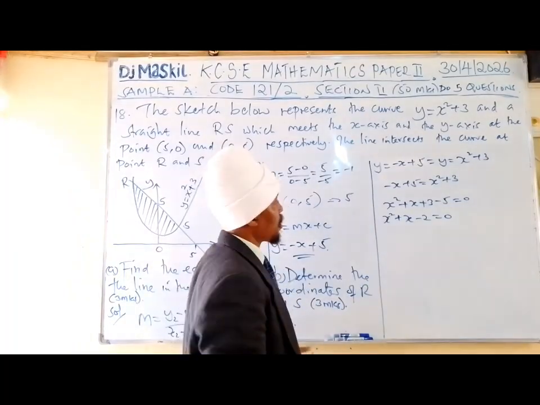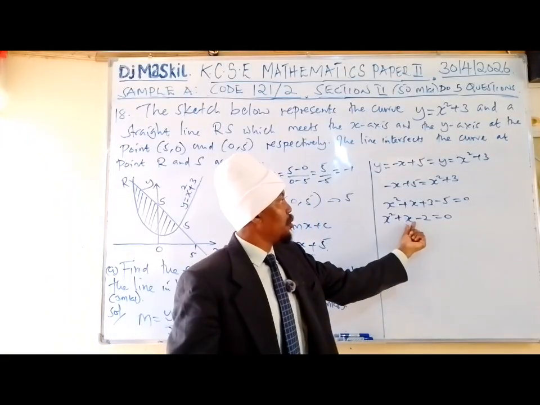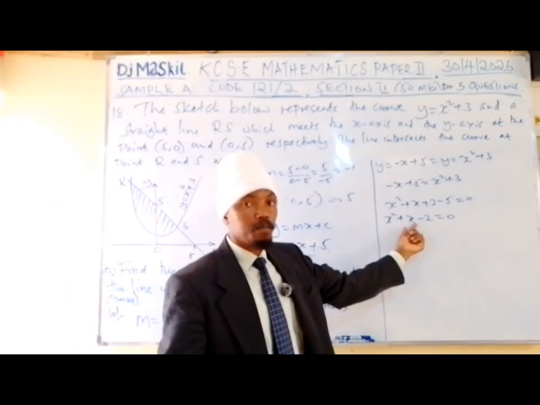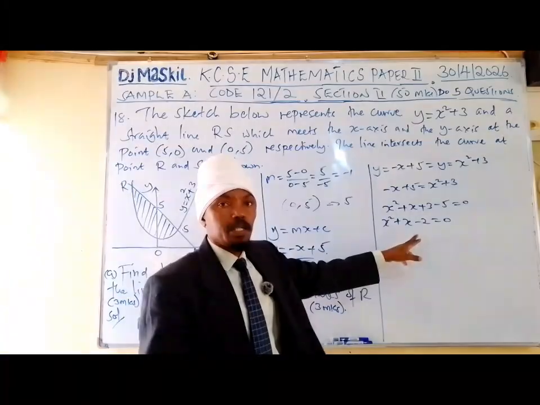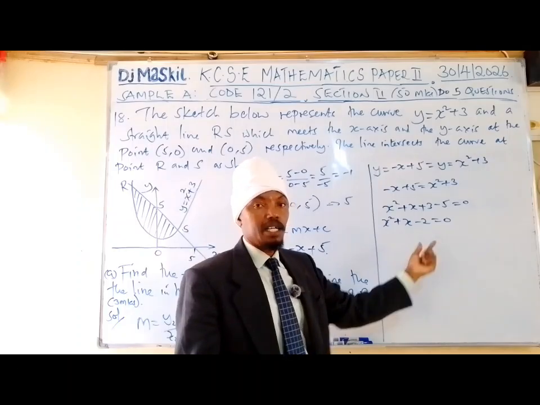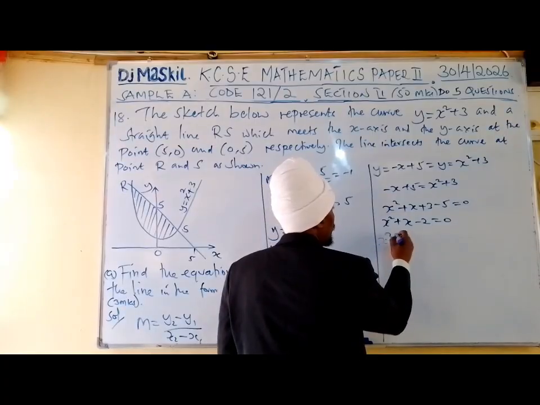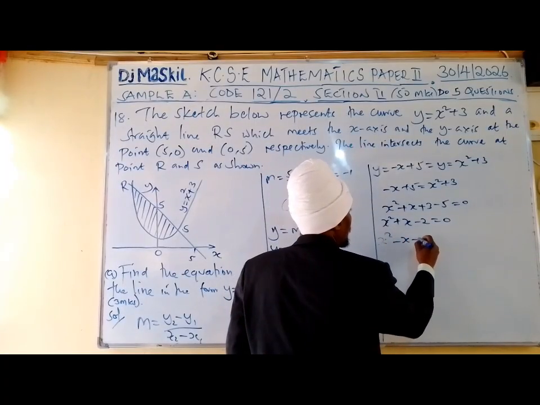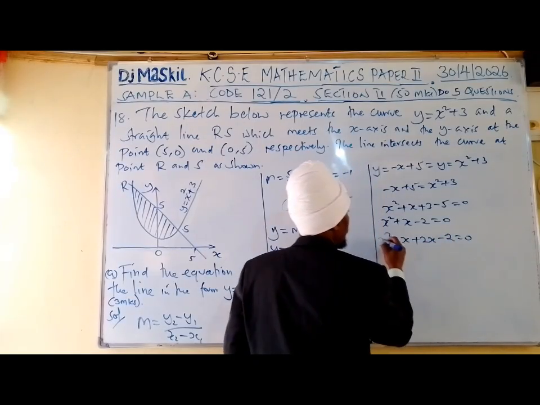So we factorize. We find two factors whose sum is 1 and whose product is negative 2. The two factors are negative 1 and positive 2. So we are going to say x squared minus x plus 2x minus 2 is equal to 0.